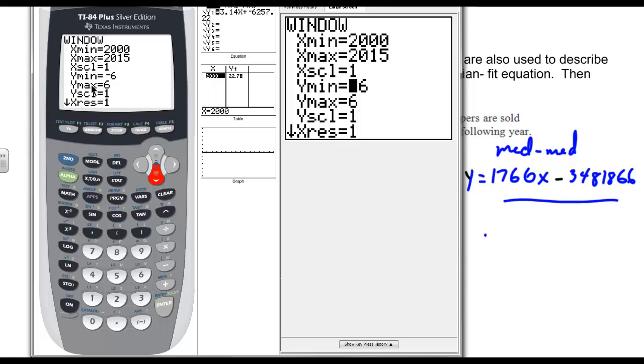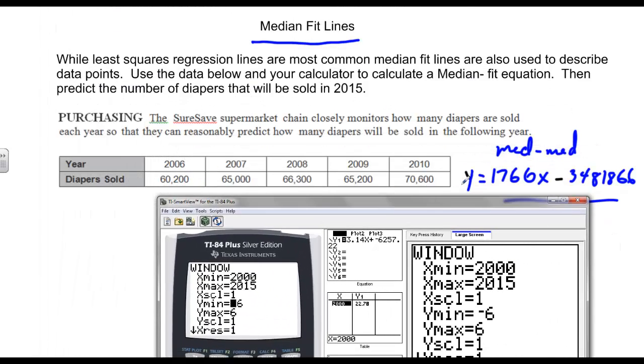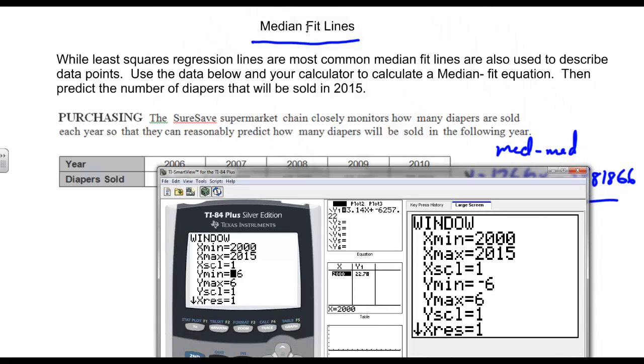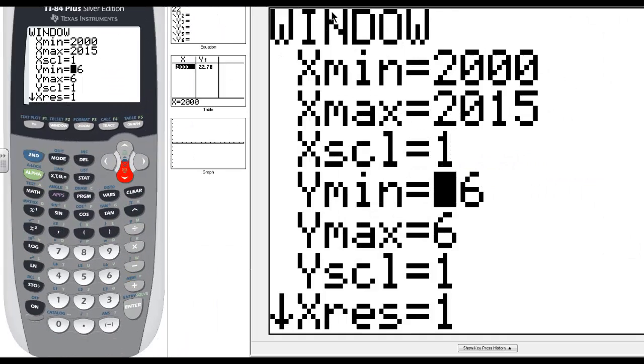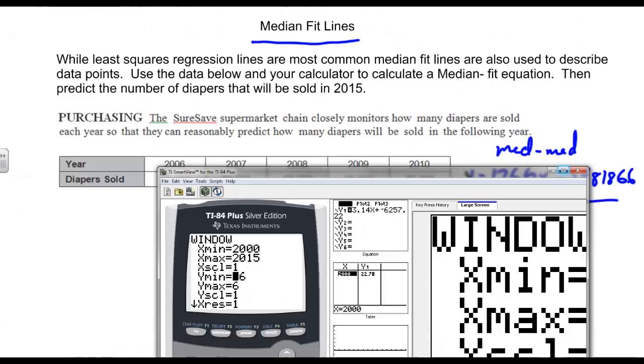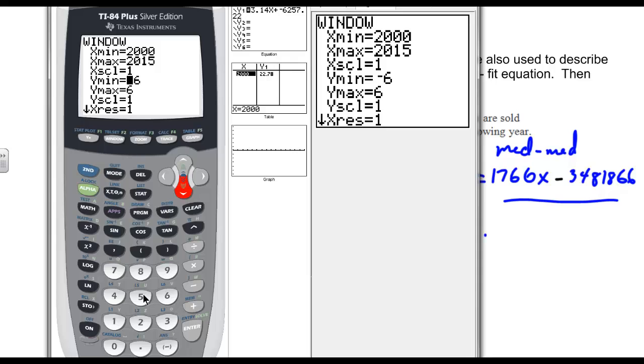But you'll notice our y min and y max is negative 6 and 6. Now, taking a look at what my y values are, they go from 60,000 to 70,000. So in order to see those, I'm going to need to increase those y values quite a bit. So I'll make my y min 50,000, and I'll make my y max, let's go to 80,000.